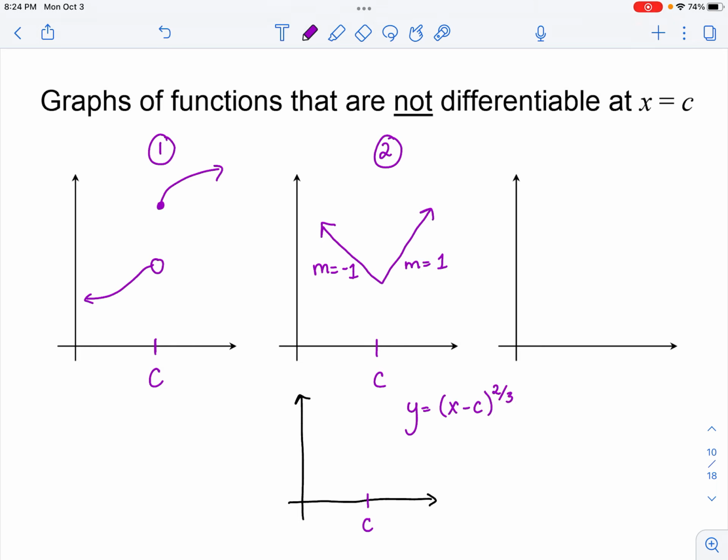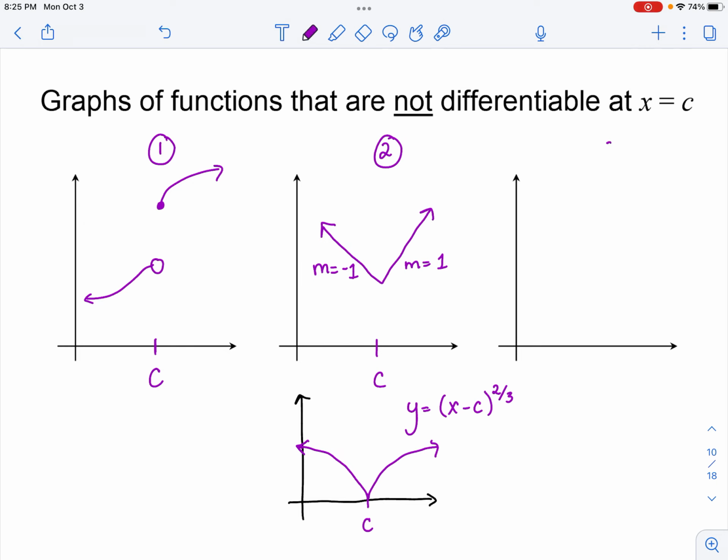So it's the cube root of something squared, and it's going to look a little bit like this. I refer to it as the seagull graph because, you know, when I was a kid drawing birds, I always drew them like this. These are all my birds flying in the sky. I called them seagulls. So this I refer to as the seagull graph. All right, but there's a sharp turn right here at x equals c. All right, so that's the issue. All right, let's get rid of these extra birds.